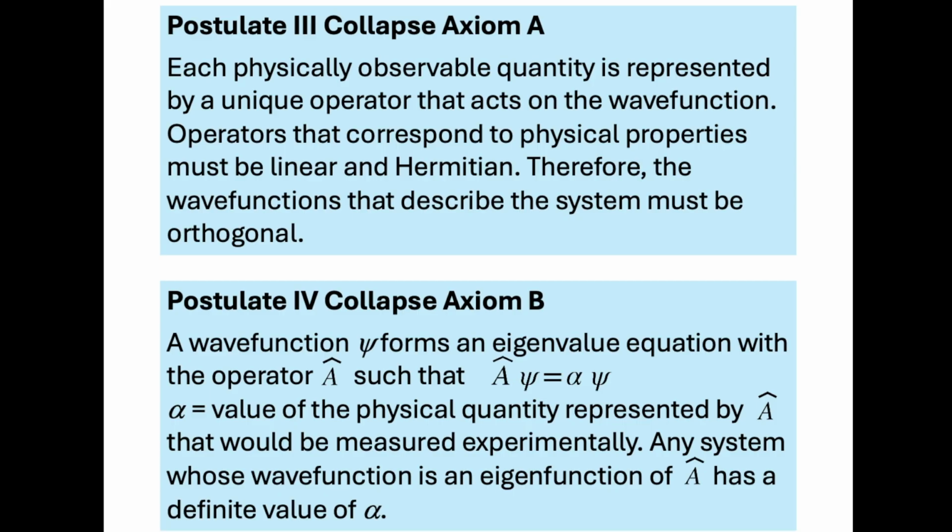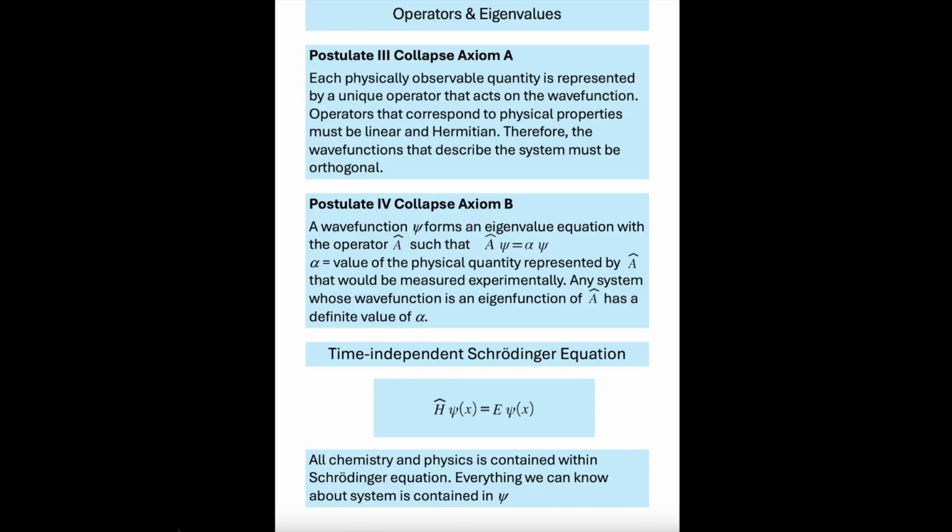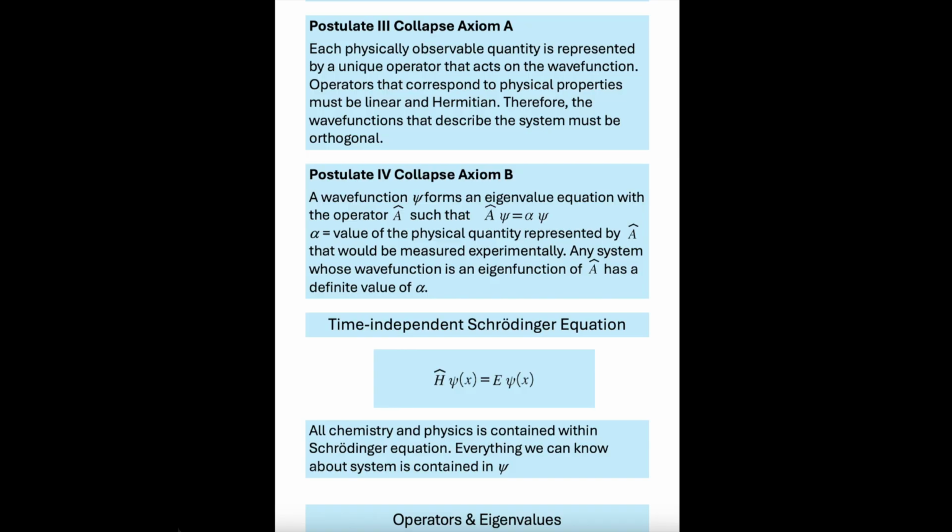Any system whose wave function is an eigenfunction of A hat has a definite value, alpha. The time-independent Schrödinger equation, remember, contains essentially all of physics and chemistry if we can understand the Hamiltonian and find those wave functions.